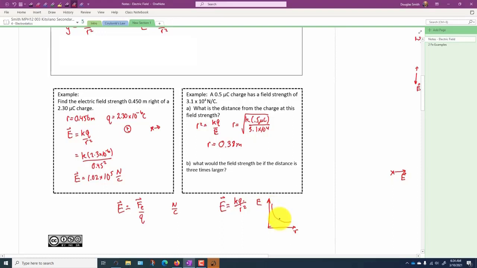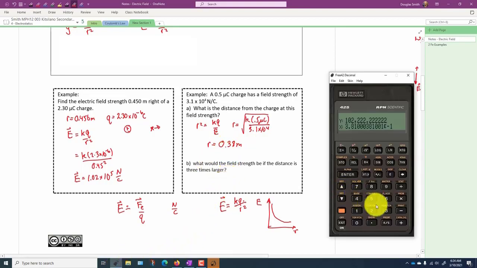If R triples, E goes down by 9. So we divide that by 9. If the distance gets 3 times larger, the field strength will go down by 9.